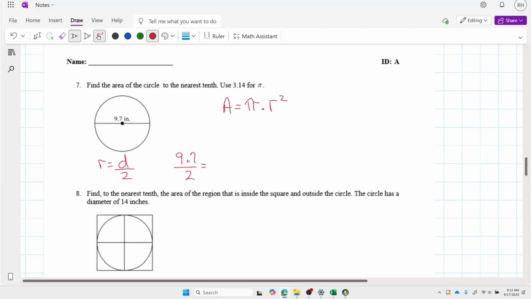So that's 4.85. So our radius is 4.85. So our area is equal to pi, which they're telling us to use 3.14, times 4.85 squared.